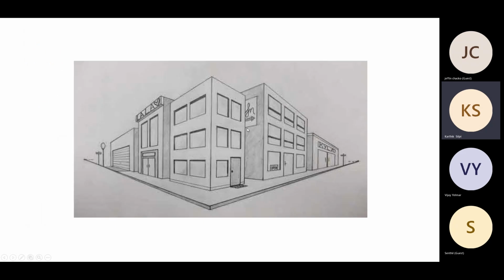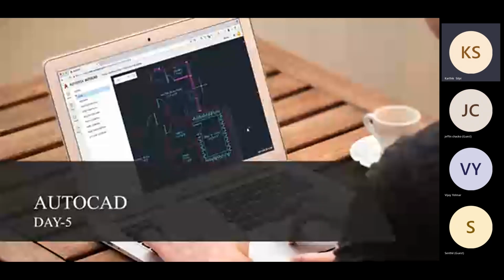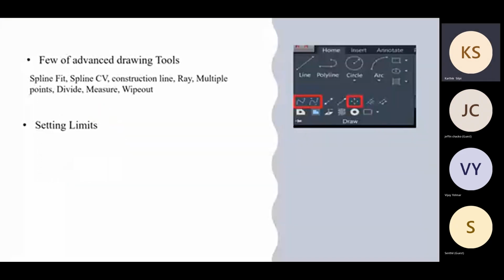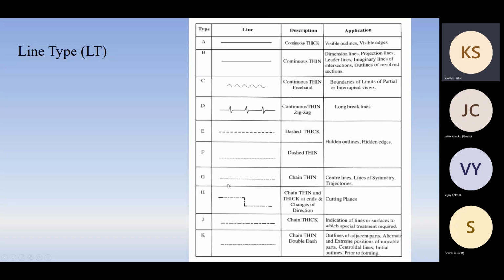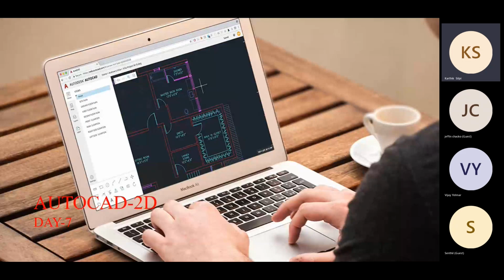No, I'll just come back to certain slides. Here, you can see the front view is front, the right side view is in left, and top view is bottom. So what view will it be? It will be first angle projection, which is what we use in India. We discussed this in the second or third class. So that's what we are seeing here.